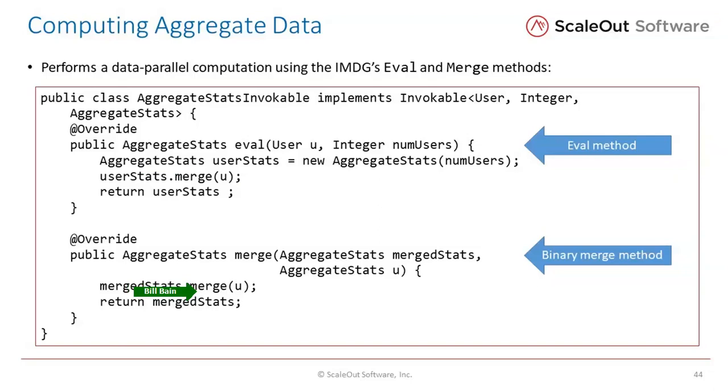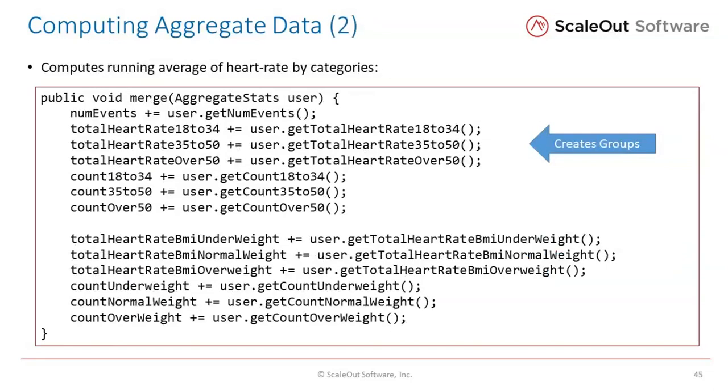And this is separate from the digital twin model, but it's reaching into the collection of digital twins of the users in this case to extract this information. Let's see how that's done. So what happens is when we run the eval method or the merge method, it's going to call this helper method called merge, which is going to go into a user object and extract information out and then accumulate it and return this information.